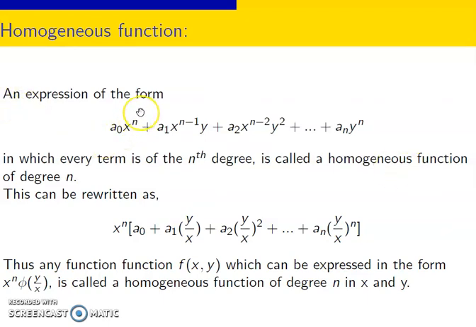An expression of the form a0 x to the power n plus a1 x to the power n minus 1 y plus a2 x to the power n minus 2 y square plus a3 x to the power n minus 3 y cube, and so on, plus an y raised to n, where a0, a1 to an are constants, in which every term is of the nth degree, is called a homogeneous function of degree n.